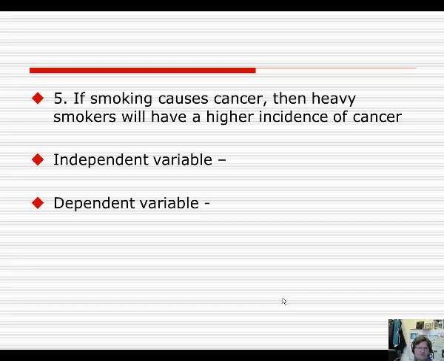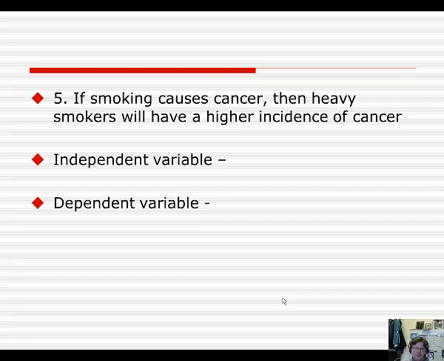If smoking causes cancer, then heavy smokers will have a higher incidence of cancer. Read that one again and answer the question. If smoking causes cancer, then heavy smokers will have a higher incidence of cancer. Dependent variable, incidence of cancer.